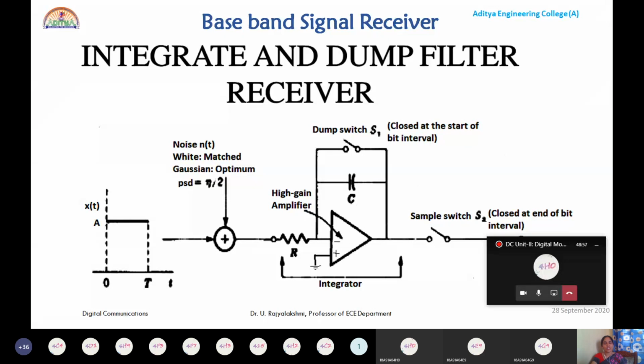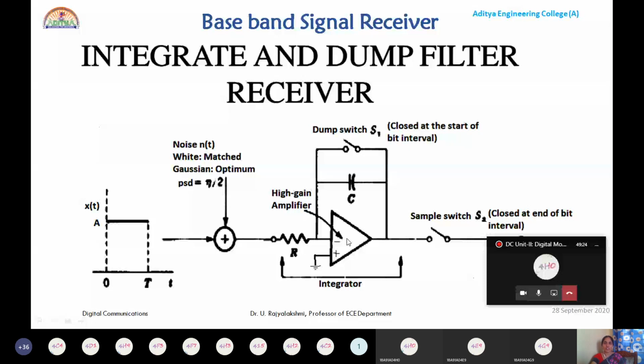It is also called the integrate and dump filter receiver. This is the receiver section, and this is the input to the receiver: the transmitted X of t and noise are both added in the channel, and the data is applied to the receiver section.